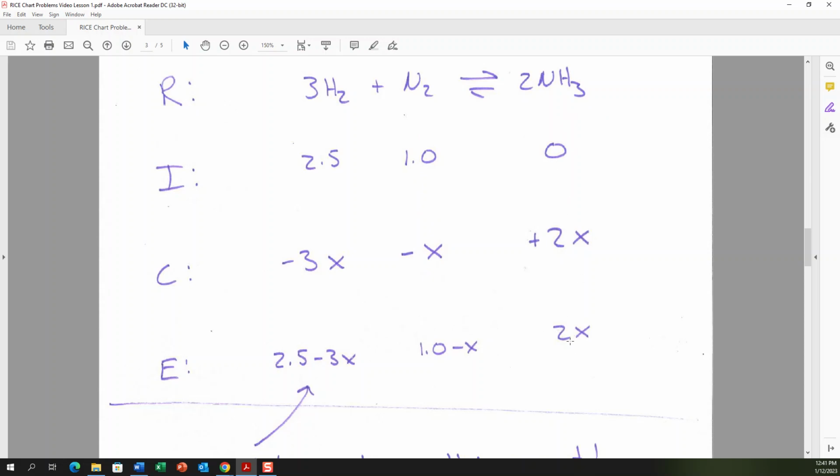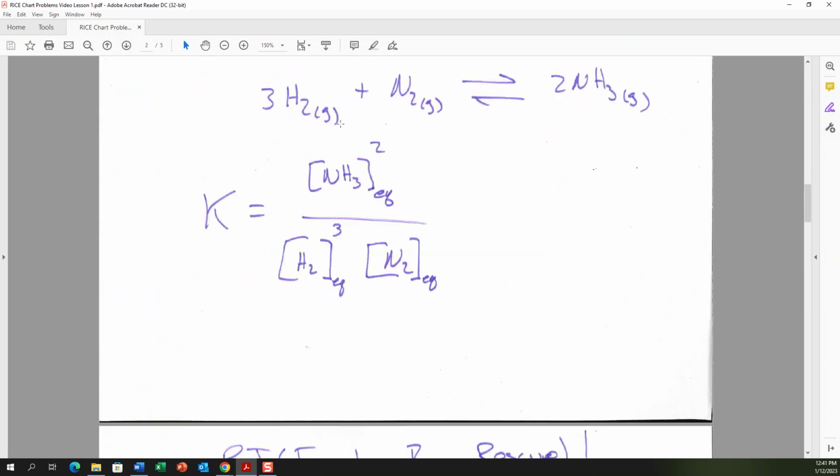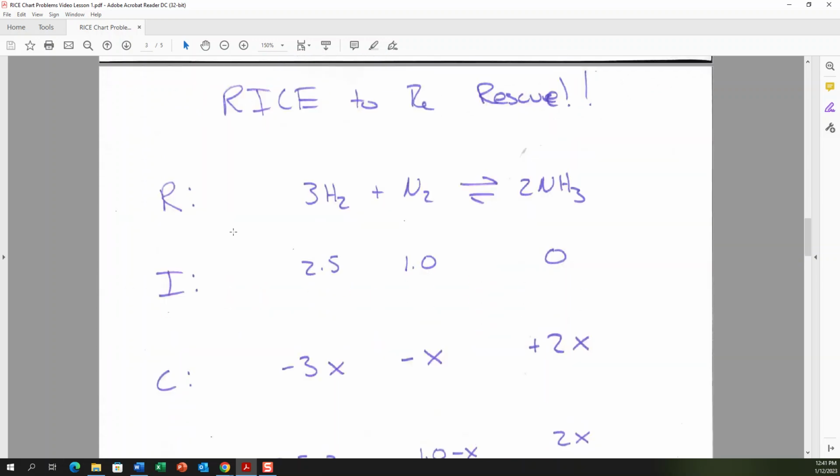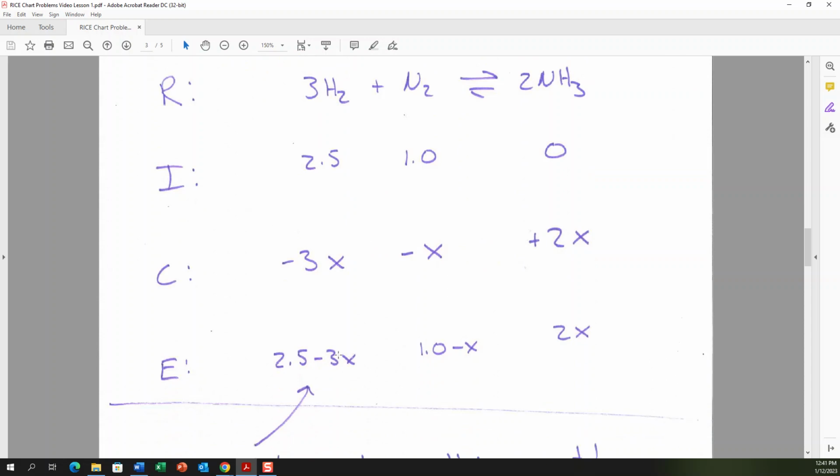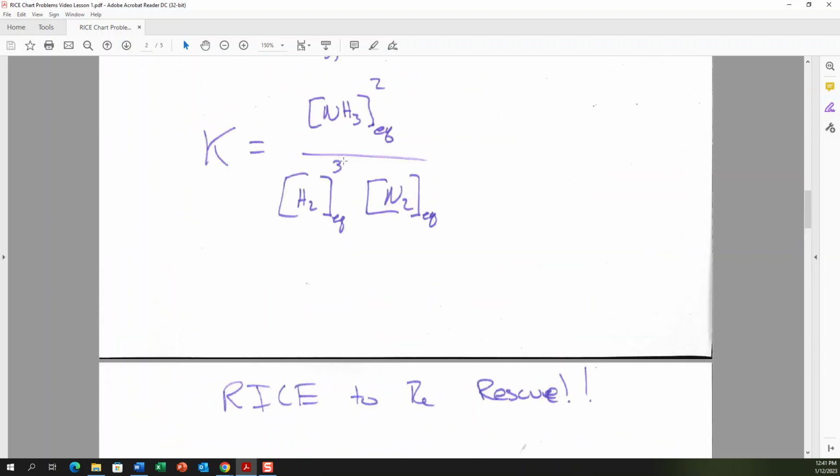All right? Remember, our goal is to plug the equilibrium molarities into this expression so we can get a value for K. All I need to do is figure out what x is equal to, and if I know what x is, I can figure out what each of those numbers is, and those are my equilibrium molarities, and that is what I would plug into my equilibrium expression to solve for K. All right?